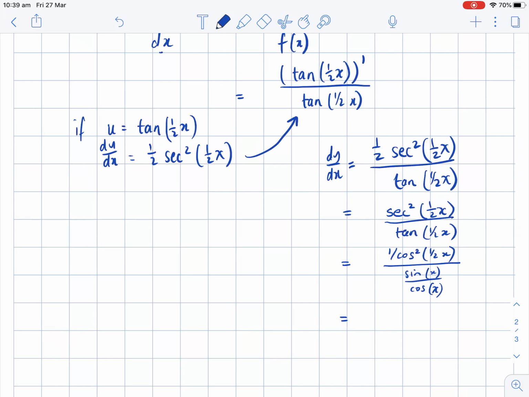Flip and multiply. Oh, I lost my 2 here as well. That should have been a 2 down the bottom. So that 2 has to go down the bottom. I'm going to put it with the top line.